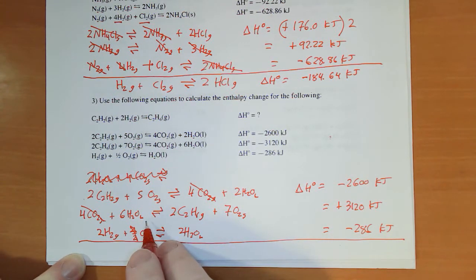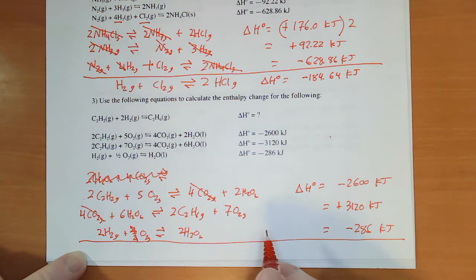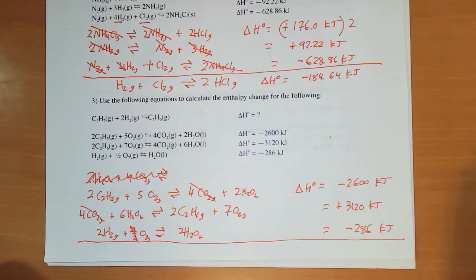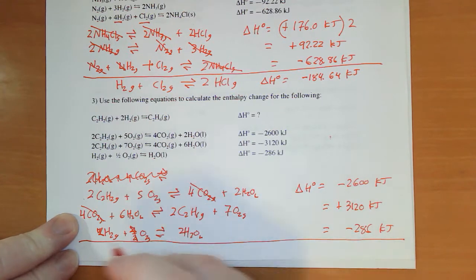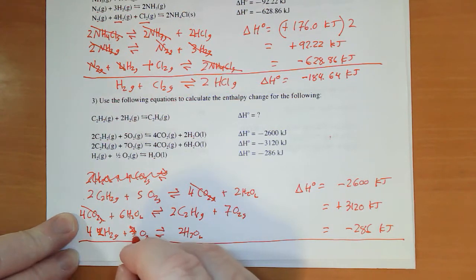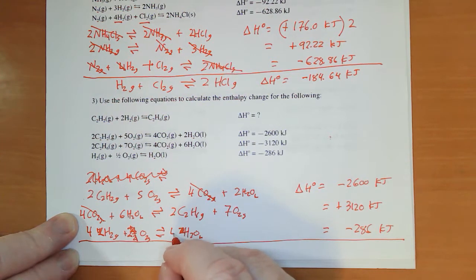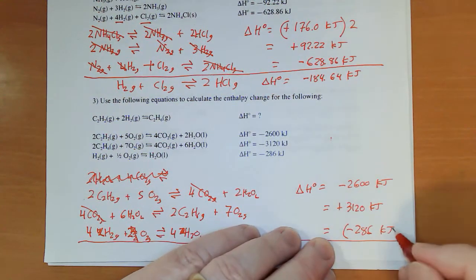Over there I've got 6. You know what? I need 2 more waters. I'm going to now, instead of multiplying this by 2, multiply it by 4. So that gives me a 2 on the O2, and that gives me a 4 on the water, and this will get multiplied by 4.